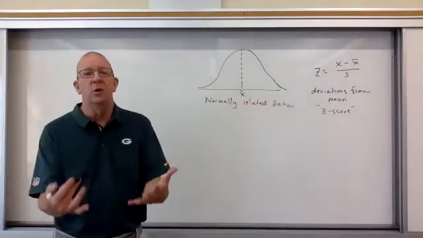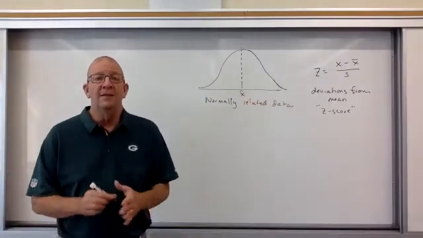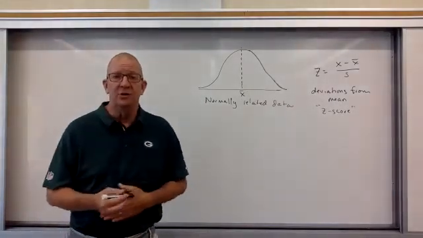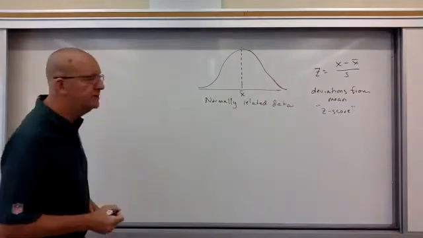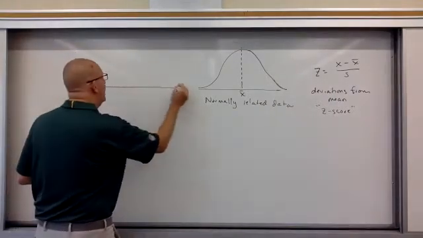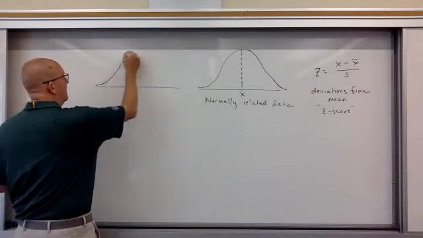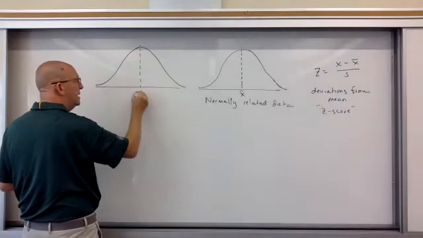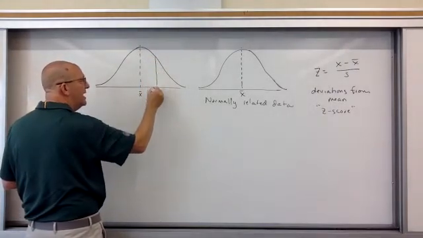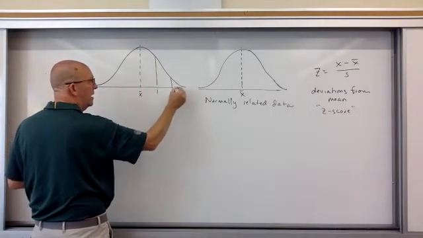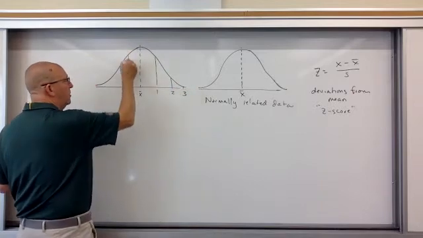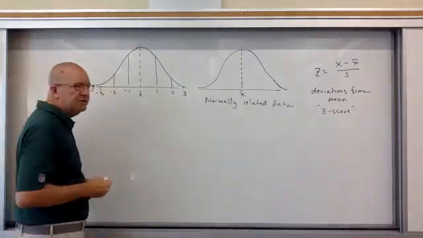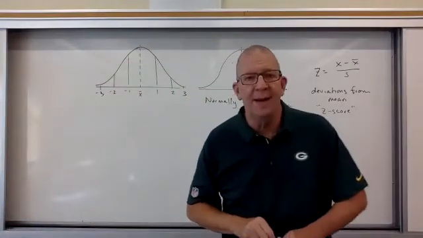Well, here's what's kind of cool about normally related data. And this is the whole idea behind these topics in your introductory statistics and probability courses. You got your mean, and basically it doesn't matter whether we're talking about shoe sizes, SAT scores, or grades on the geometry test.